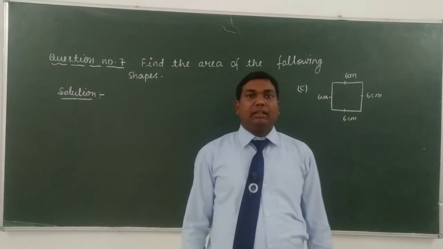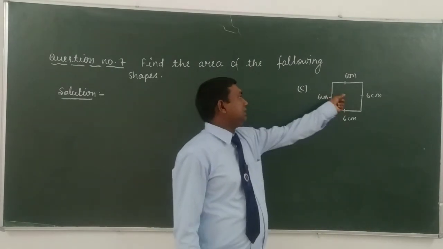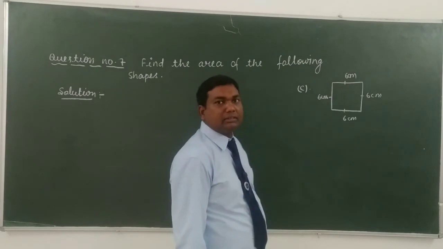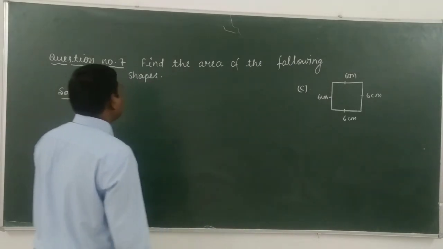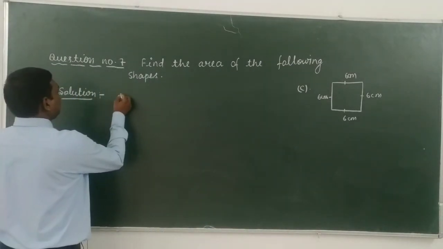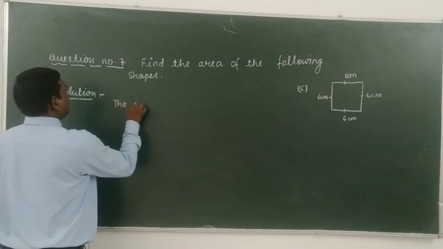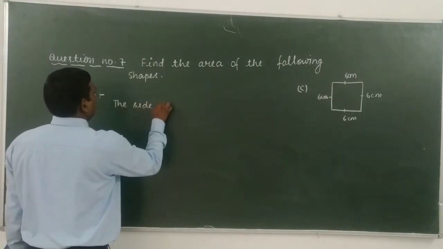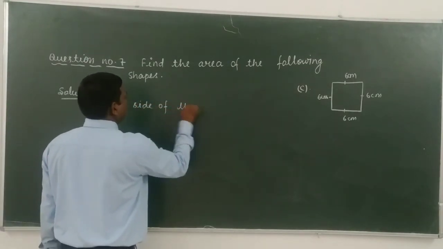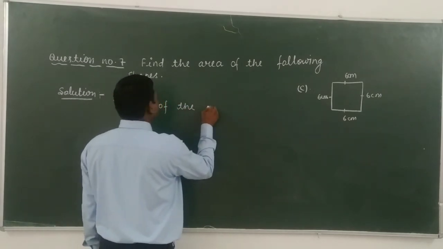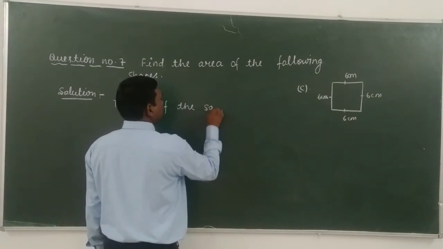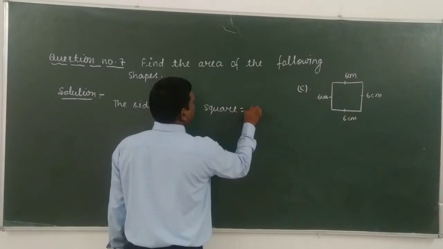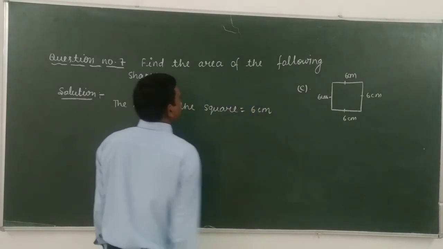Dear students, it means that the given shape is a square. Then the side of the square is equal to 6 centimeter.